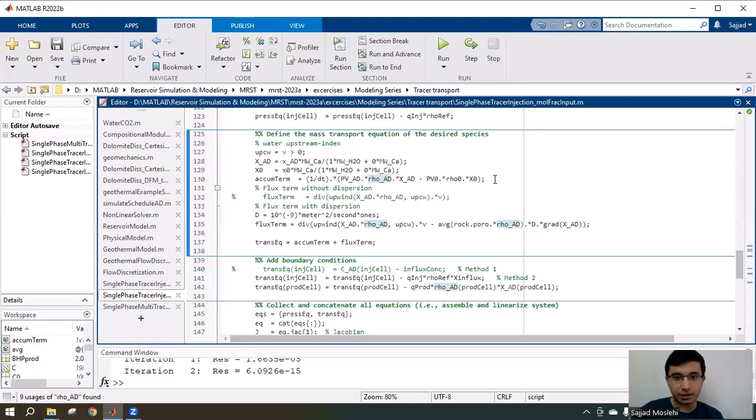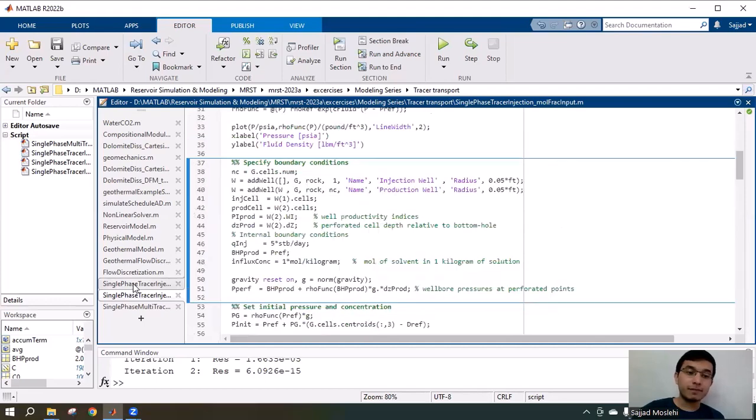What we need to get here is either mole per second or kilogram per second.